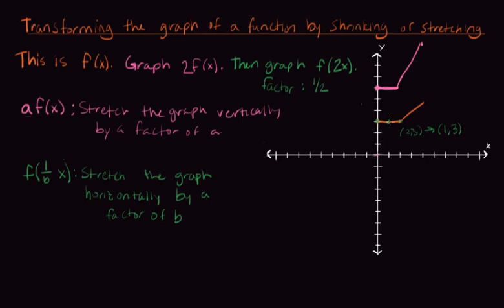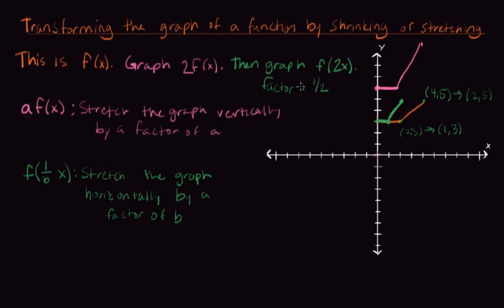So we're going to put it over here. And then this point over here is (4, 5). So the 5 is going to stay the same, but the 4 becomes 2, so (2, 5), because we shrink this by a factor of 2, or we multiply it by 1/2.